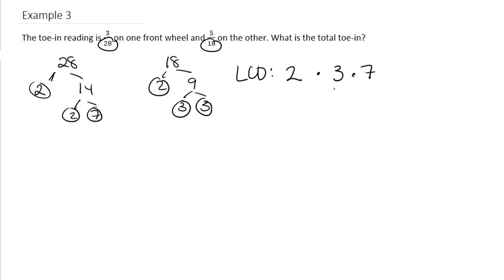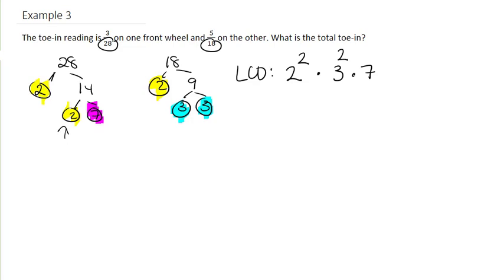In the first number, we have two 2's, and then just one 2 in the other, so we only need 2 raised to the second power. For the 3, we have two 3's in the second number and none in the first, so we raise it to the exponent of the second power. And lastly, we have just one 7, so we keep it as is.